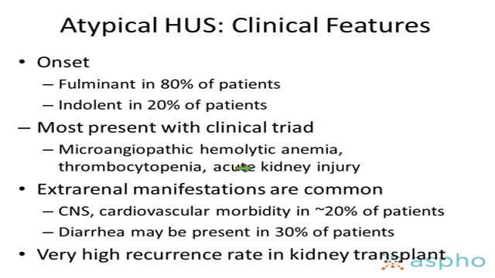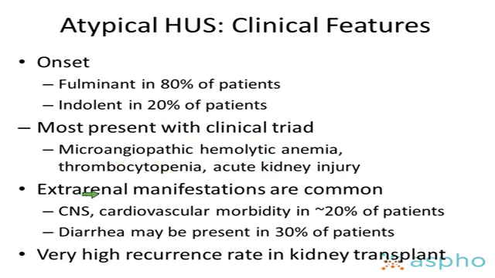So speaking specifically about atypical HUS, focusing on the clinical features, the onset of this disease does tend to be fulminant in the overwhelming majority of patients, although it can have a more indolent presentation in a minority of patients with fluctuating platelet counts. Most patients with AHUS do present with the complete clinical triad of microangiopathic hemolysis, thrombocytopenia, and acute kidney injury.